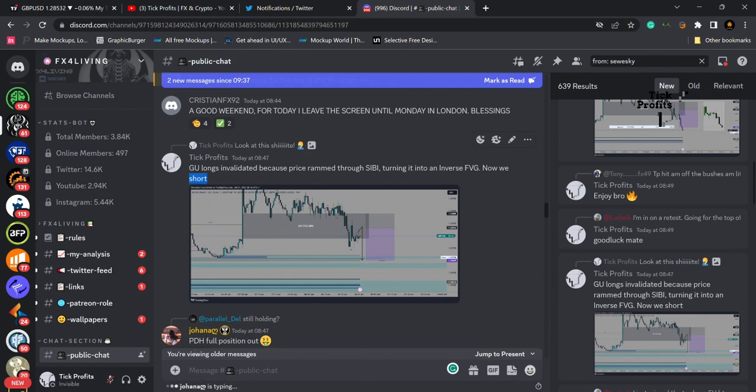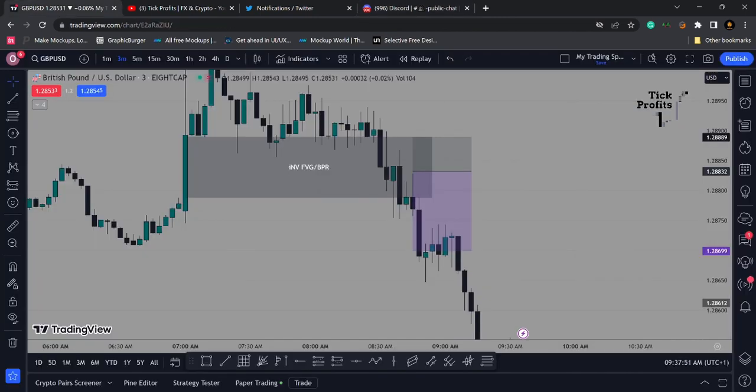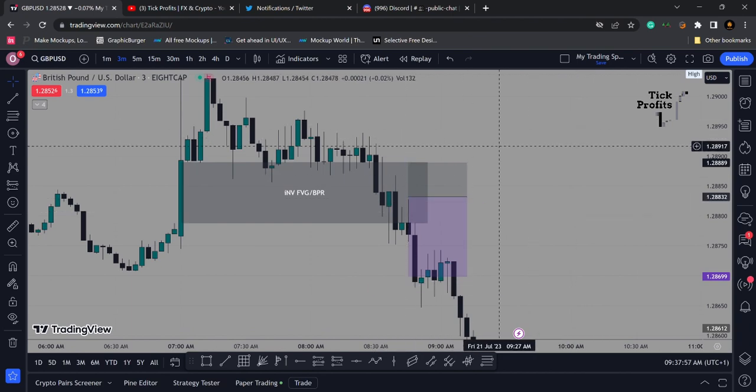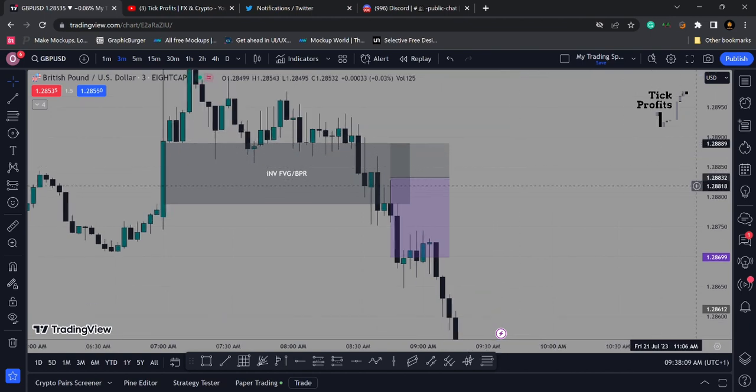And that's why we now have this here: GU longs invalidated because price ramped through the CE, turning it into an inverse FVG. Now we short. When price doesn't respect an FVG, say you're expecting price to respect a bullish FVG but it rams through it, that's telling you that price wants to be bearish.